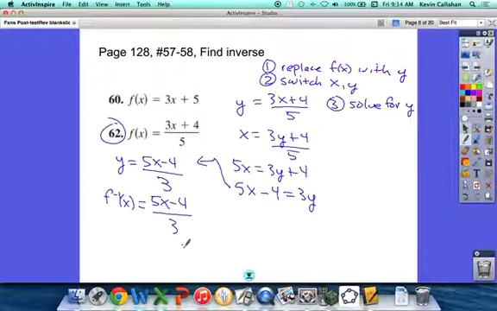Find the inverse. Remember, functions and their inverses are just like the x's and the y's are switched. The domains and ranges are switched.